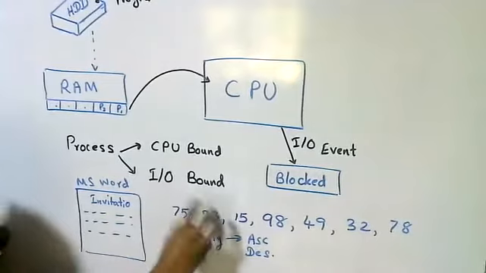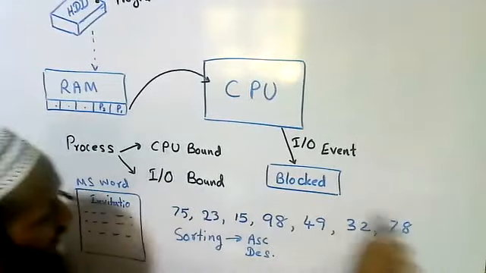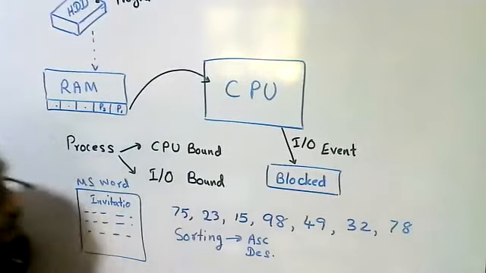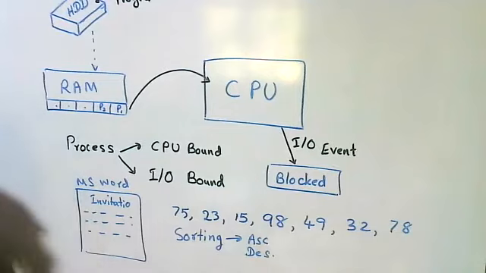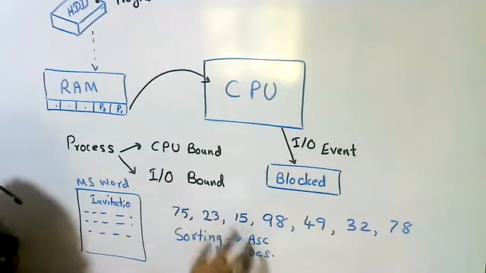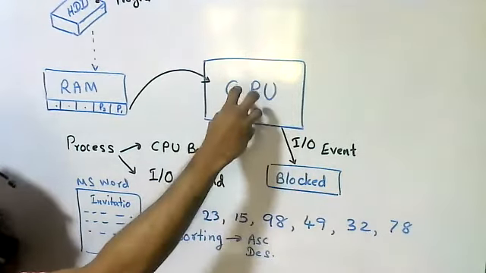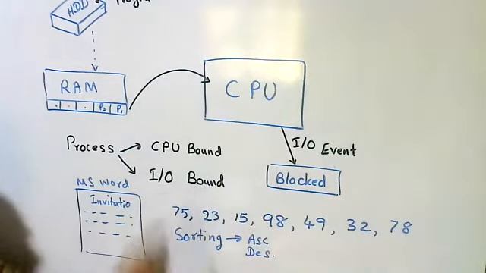While sorting, it doesn't need any IO, but it needs CPU time. So mostly it takes CPU time. So it is called a CPU bound process.